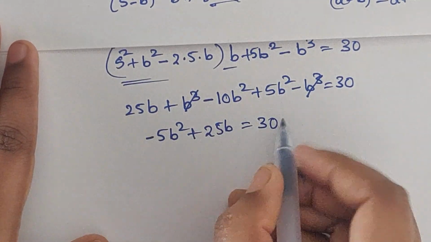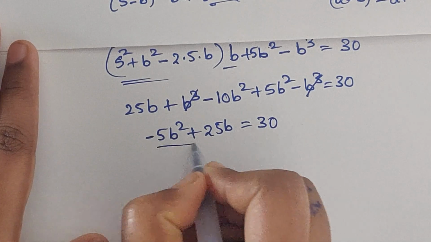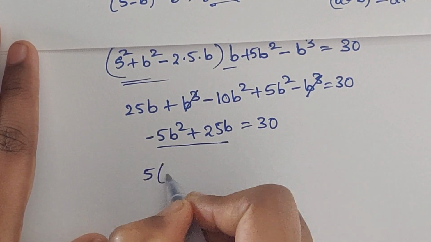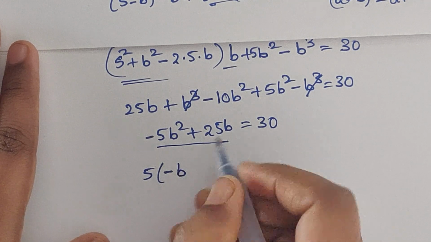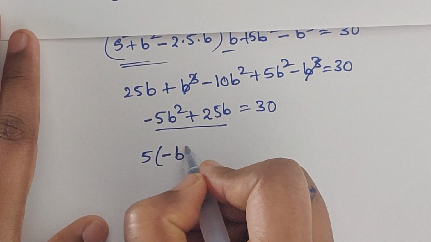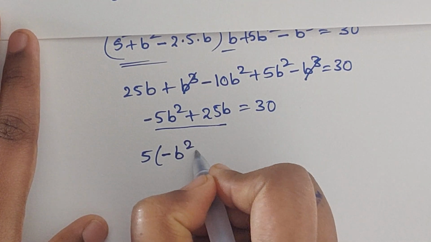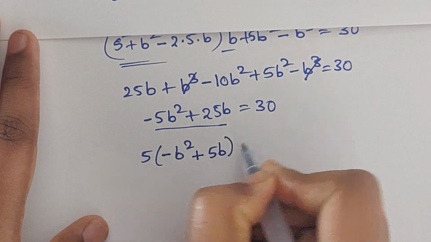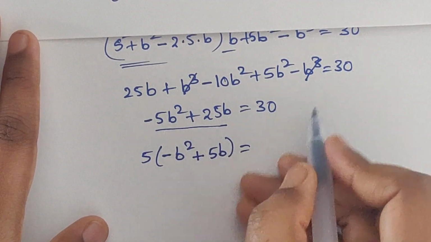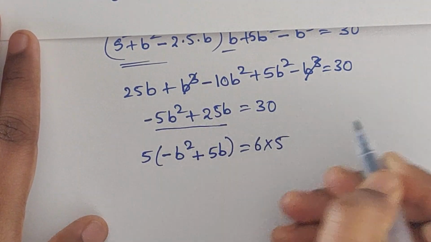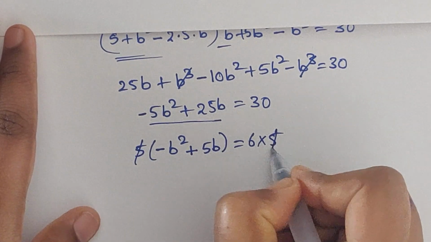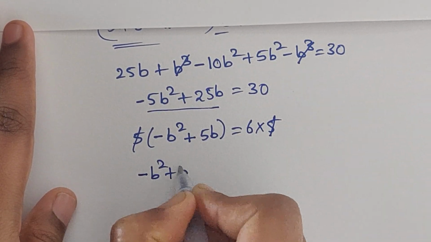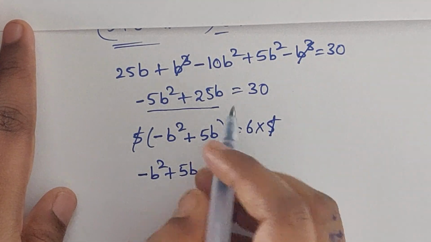So here in this term we can take out common, that is 5. So here we will write leftover numbers, that are minus b square, plus 5 times 5, 25, so 5b equal, so 30 we can write it as 6 times 5. Okay, so this 5 gets cancelled, so we'll get minus b square plus 5b, so write this 6 to the left side.